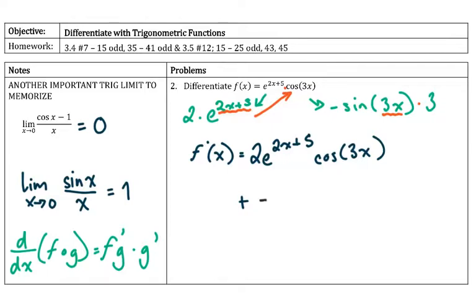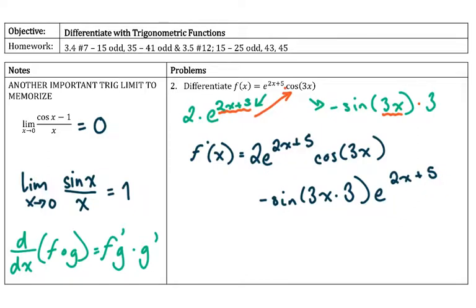So negative sine of 3x times 3 times e to the 2x plus 5. If you wanted to simplify that a little bit, you absolutely could take plus a negative and just turn it into a subtraction. You might also factor these out.